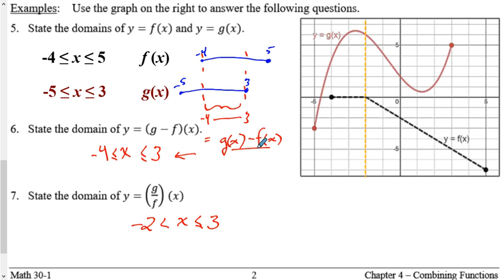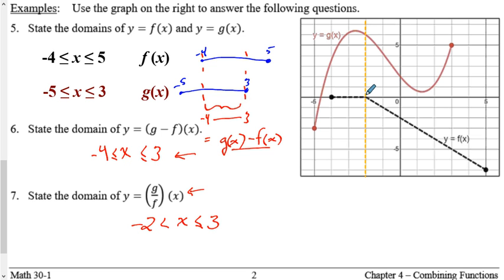The one additional restriction we needed to consider was when we were dividing the two functions. If we're dividing two functions, we also need to consider what makes the denominator function 0. So that's what we looked at here, and we saw this denominator function was 0 all the way from -4 up to -2.